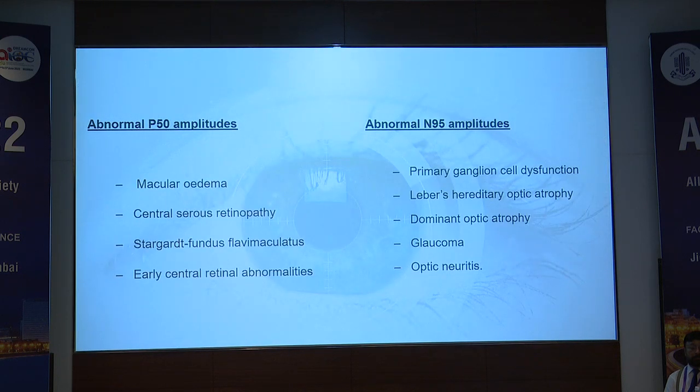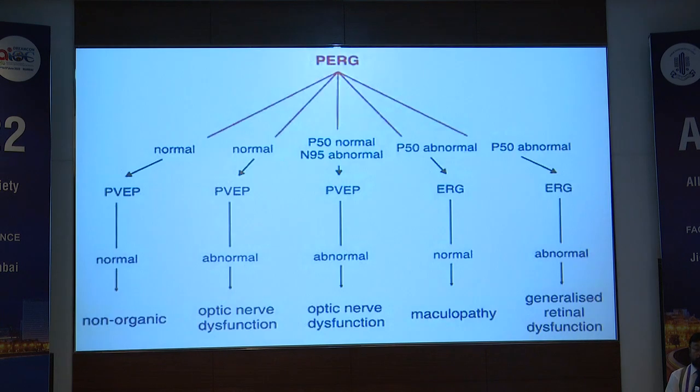Now, where can we get an abnormal P50 amplitude? As I said, an abnormal P50 amplitude comes from an abnormal macula. So a subtle macular edema, central serous retinopathy, or hereditary retinopathies which affect the macula will cause an abnormal P50. An abnormal N95 will come in optic nerve dysfunction of either type, either a glaucomatous nerve, a neuritis, or a hereditary optic degeneration.